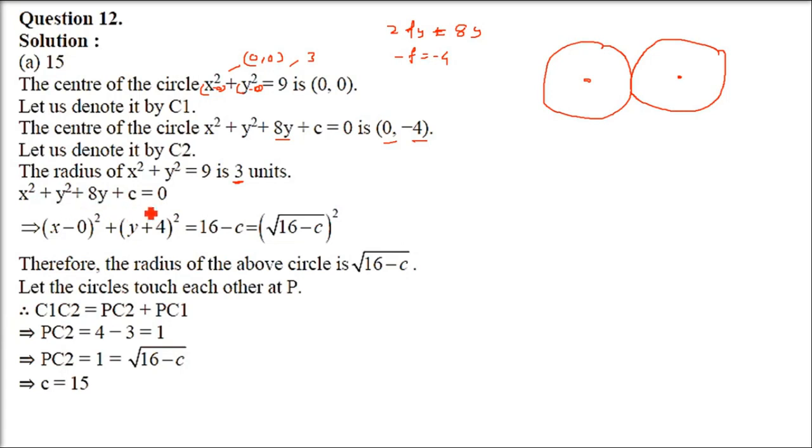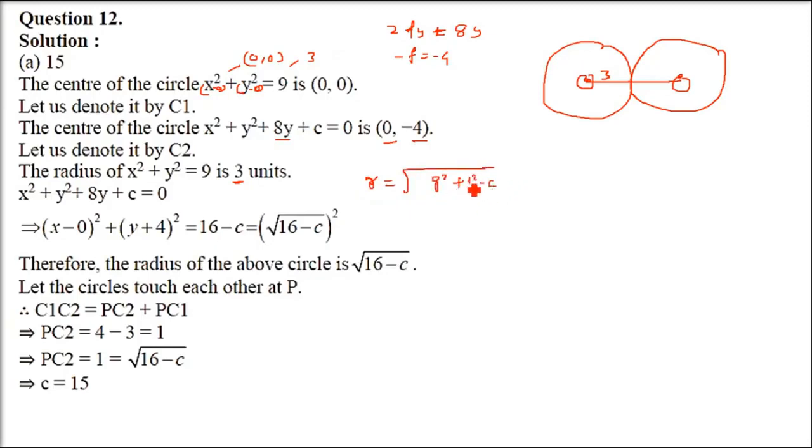How about the radius here? If you take the distance between the centers of these two circles, and the circles are just touching, the first radius is 3, and the radius of the second one will be r equals root of g square plus f square minus c.